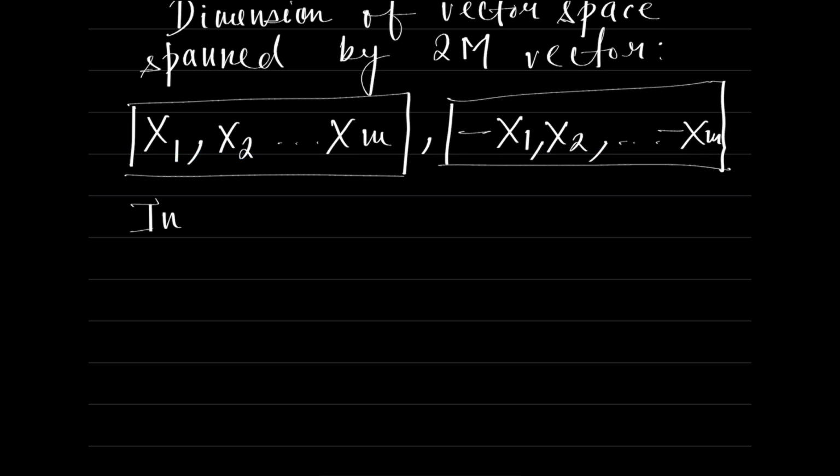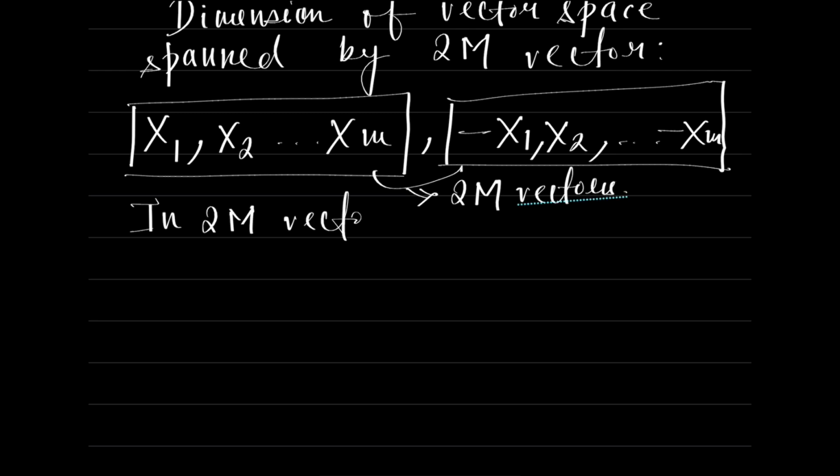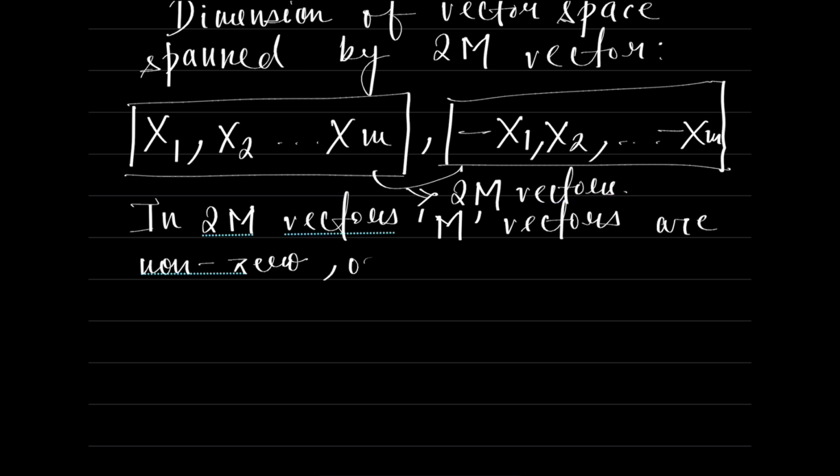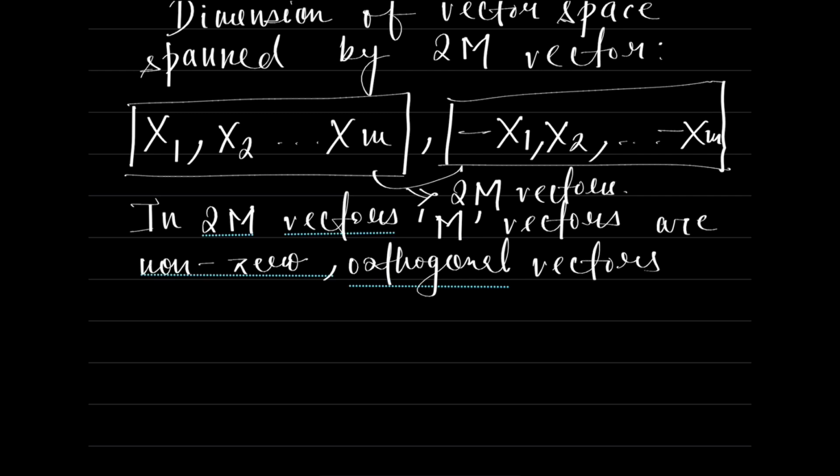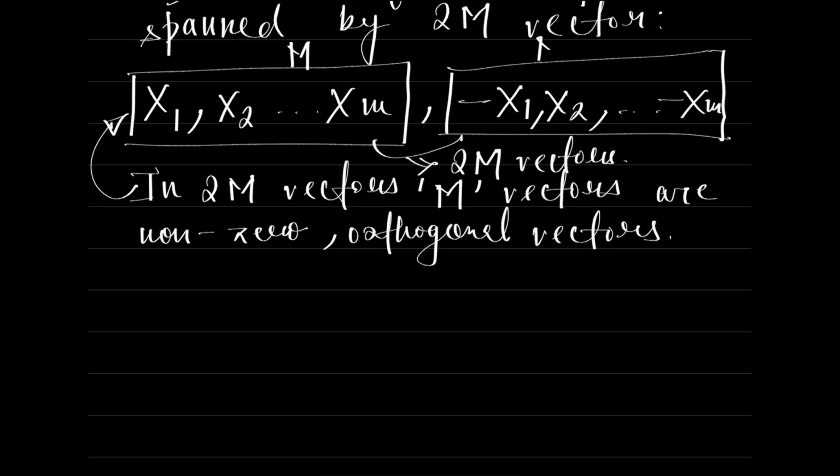Now in the 2m vectors, m vectors are non-zero orthogonal vectors, we will take this as m and we get 2m.